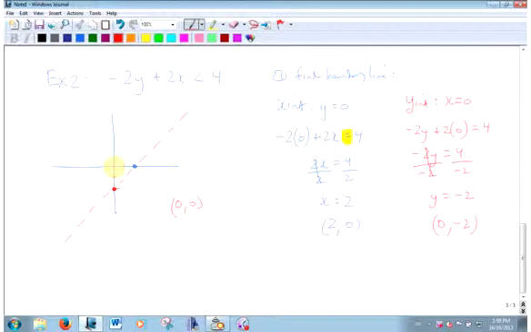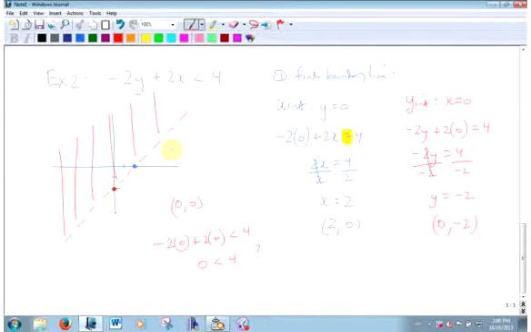I definitely can tell if this is going to be a solution or not. Substitute it in. Negative 2 times 0 is 0. Plus 2 times 0 is 0. Is 0 less than 4? Sure is. That means 0, 0 is part of the solution area, so that's the side I'm going to shade.